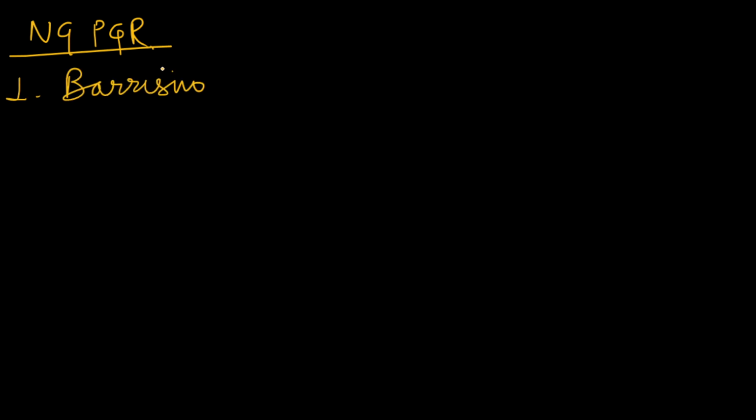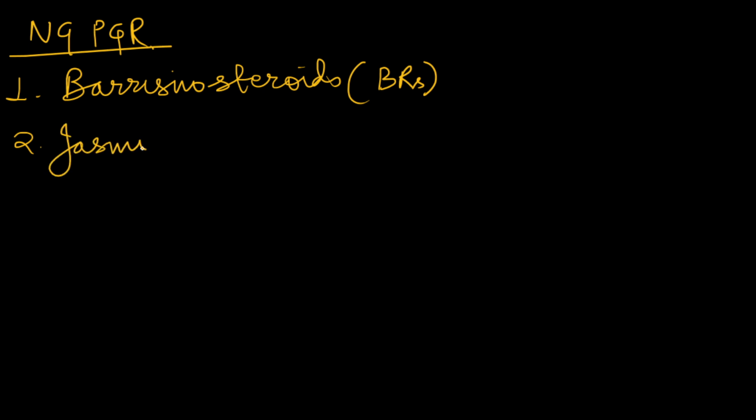So we will enlist some new generation plant growth regulators. There are various ones. I will list 6-7 important ones. First one we have brassinosteroids, which are known as BRs. Then we have jasmonates, which are known as JAs. Then we have salicylic acid.